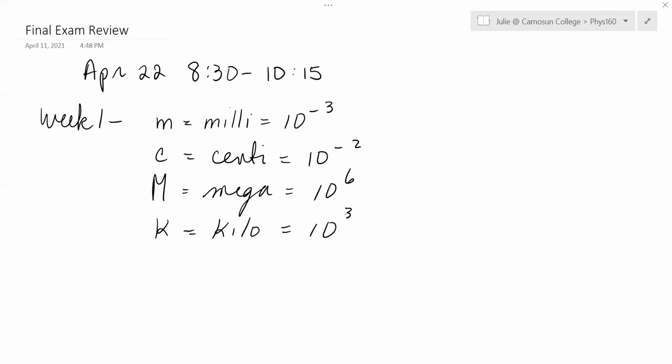So we should know how to convert length and distances, times, pressures using those prefixes. So you probably want to do a little summary sheet of how to convert in and out of those prefixes.